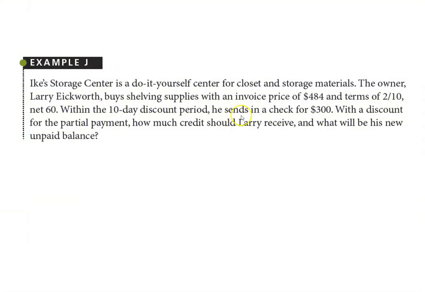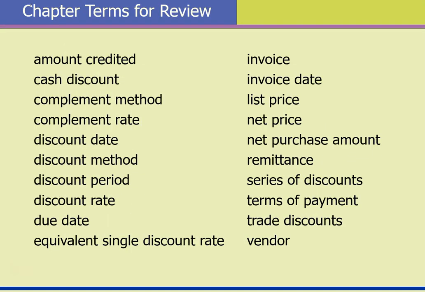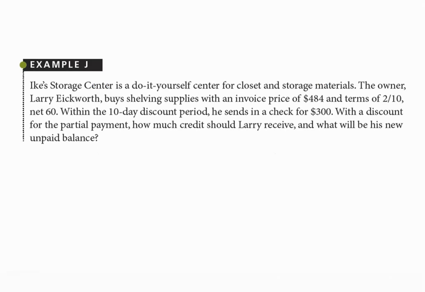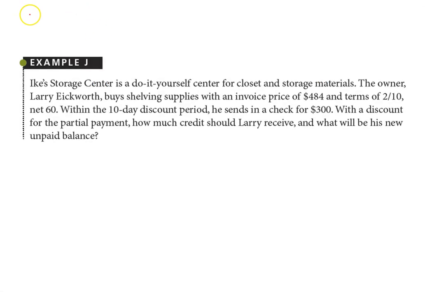And so let's take a look at example J here. Okay, so we have Larry. They buy shelving supplies with an invoice amount of $484. And I'm just going to write that down because it's easier to write what we know. $484 was my invoice amount. Terms are 2/10, net 60.